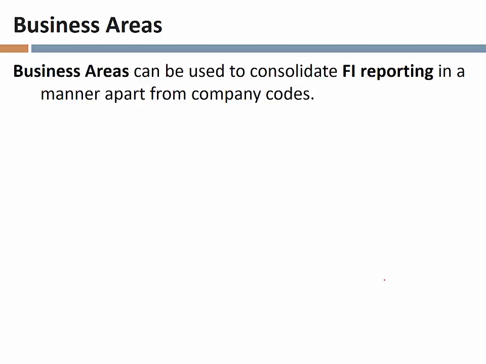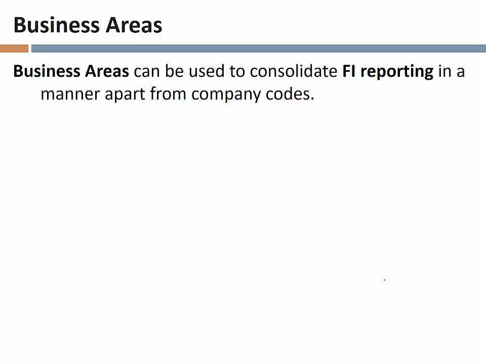Suppose, however, for our benefit, or for some kind of specialized activity we're doing, we want to be able to generate financial statements that would perhaps bring together activities of these two company codes.